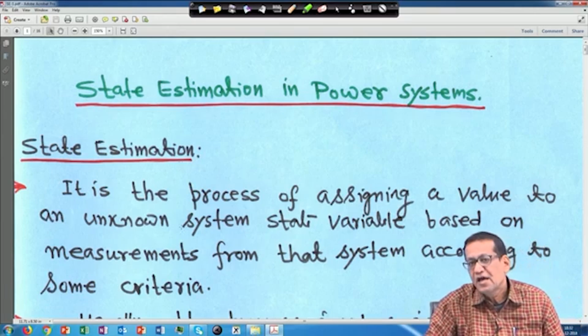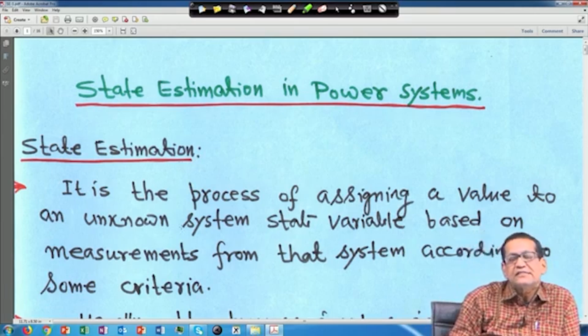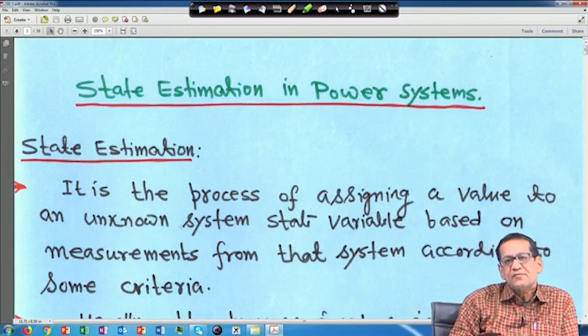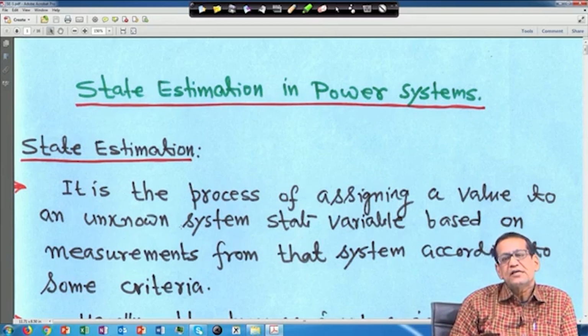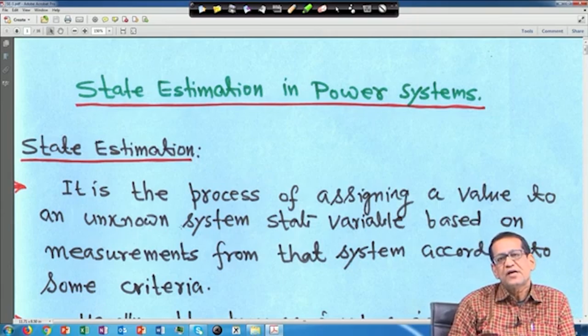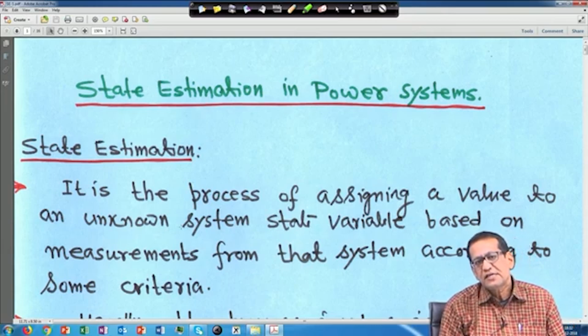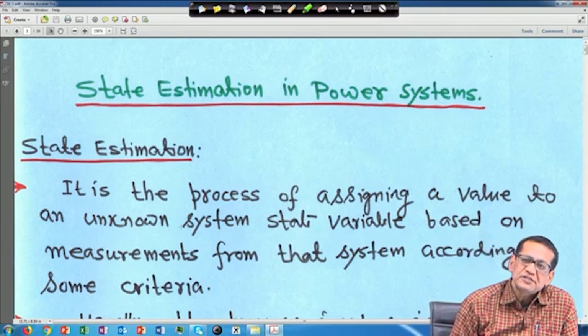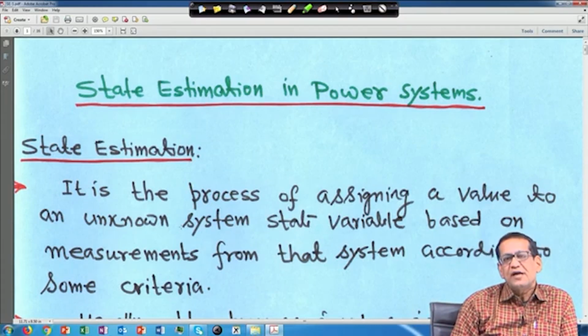Let us start with this. When you are doing experiments in the laboratory, you have so many meters like voltmeter, ammeter, wattmeters and other types of meters. When you take readings using all these instruments, you will find that there must be some error, because you cannot take the exact reading.